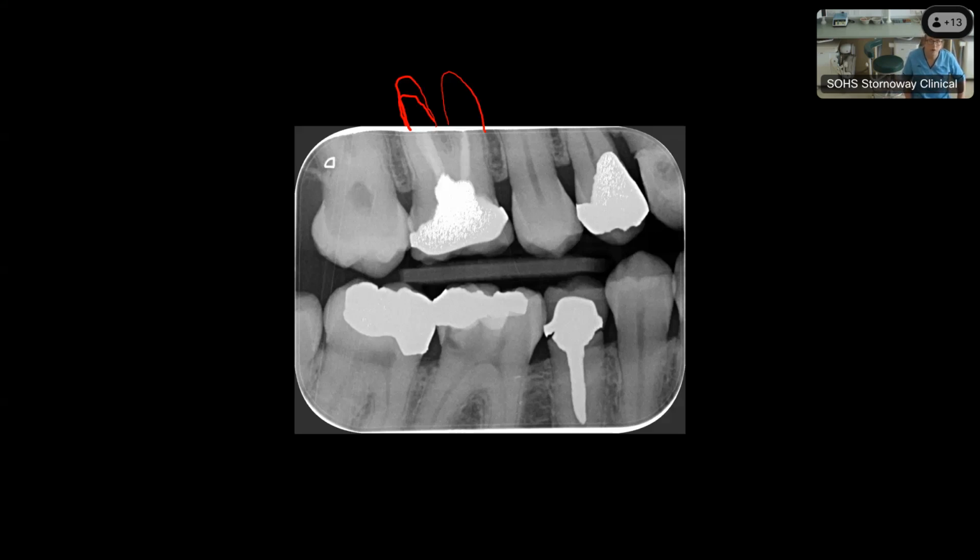let's say you've got a BPE of 4 on the upper anteriors, how many radiographs would I be taking to get periapicals of all the upper anteriors? Three? Go again. 5. 4.